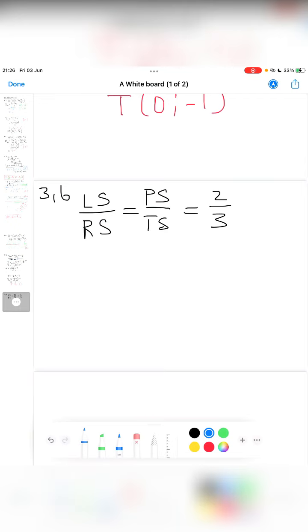Maybe let me try to check what calculations we did. I think the first one we said negative 16 minus, what was it? I think it was negative 6, and this was equals to what? Let's say.